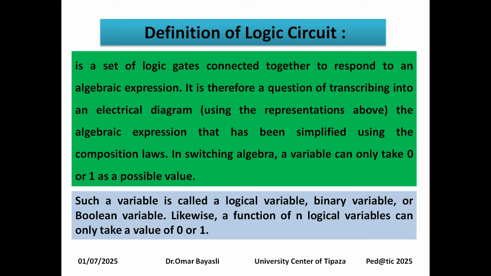In switching algebra, a variable can only take 0 or 1 as a possible value. Such a variable is called a logical variable, binary variable, or Boolean variable. Likewise, a function of n logical variables can only take a value 0 or 1.